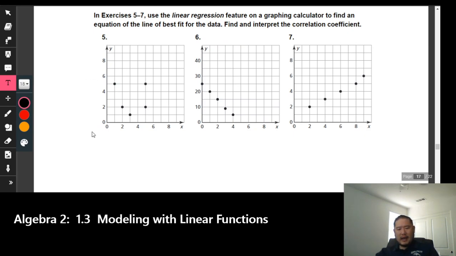And I want you to think, can I draw a line that goes through most of the data, most of the points, and it's fairly close, tight, compact? Number 5 definitely does not look like that's the case. So what I'm going to do is go to Desmos, and I'm going to take all these 5 points.